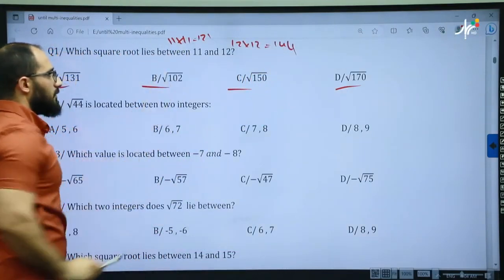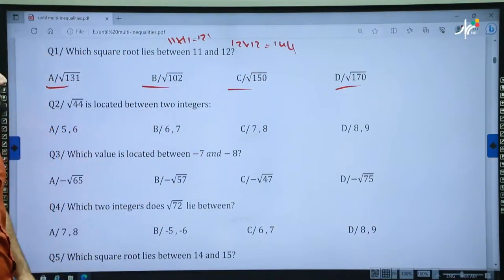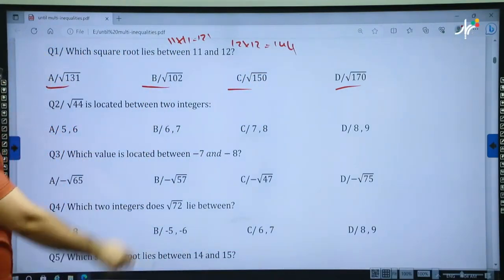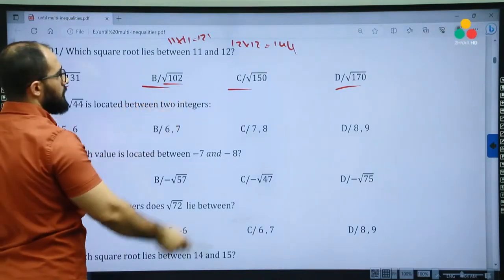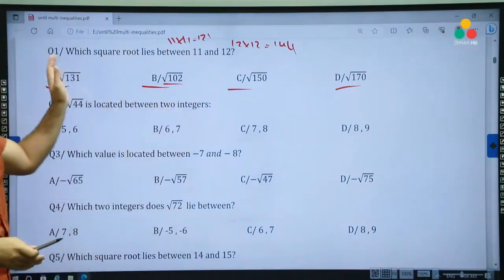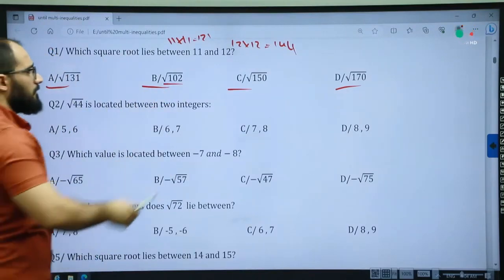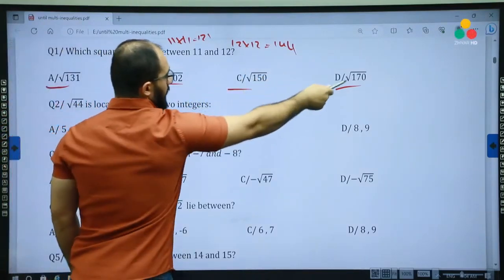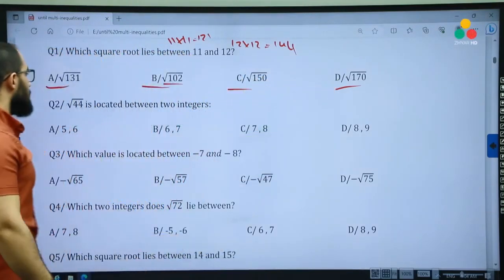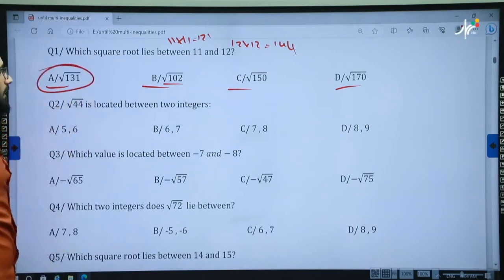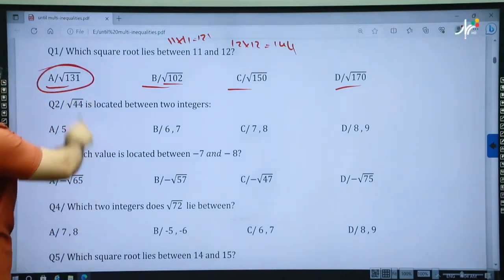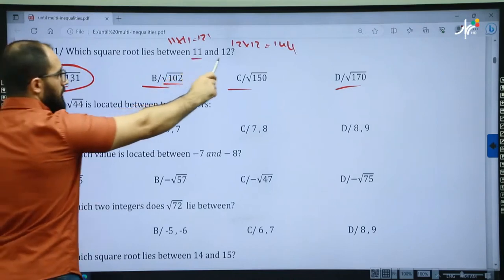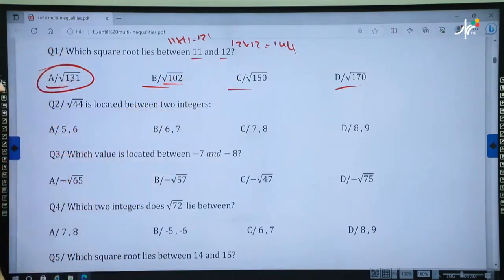Then which number is located between 121 and 144? If you say 102, it is far less, and 150 is greater, also 170 is greater. The only number, the answer, is 131. So the square root of 131 is located between 11 and 12.